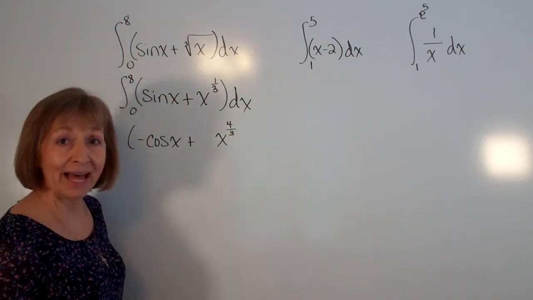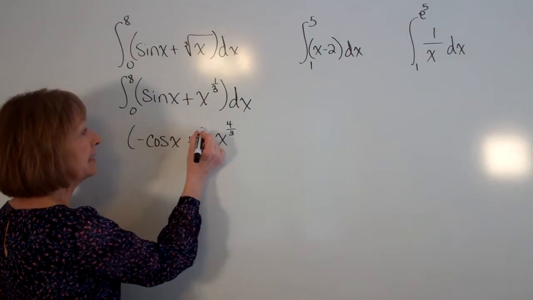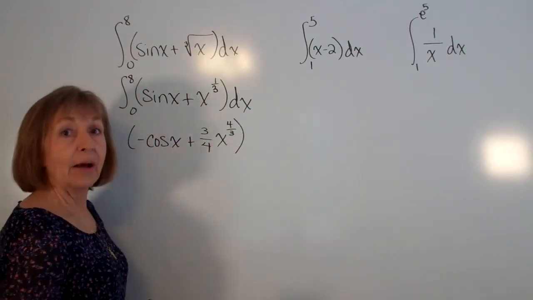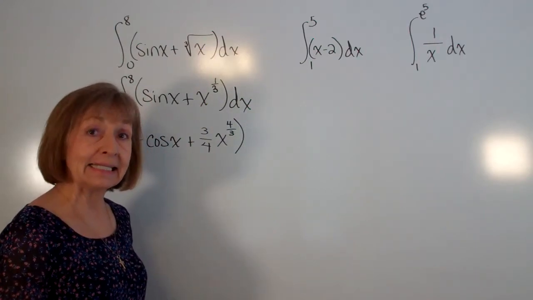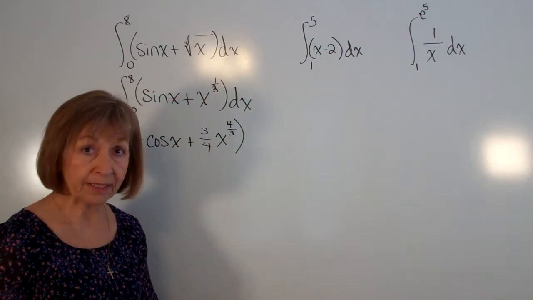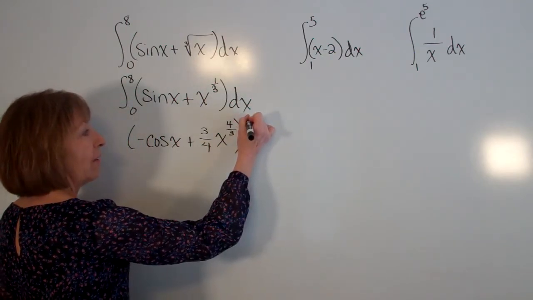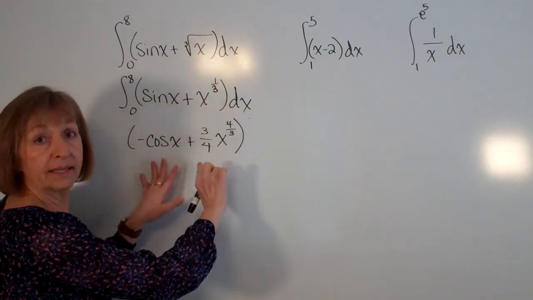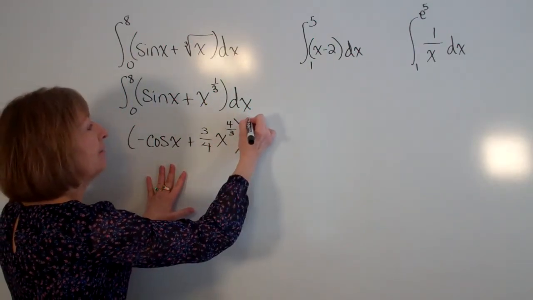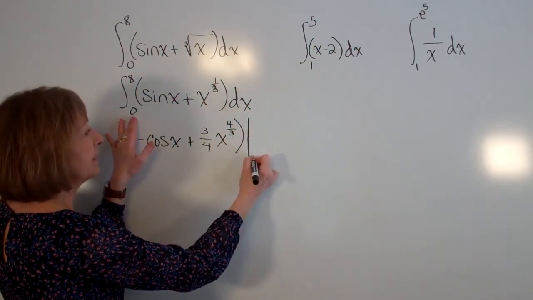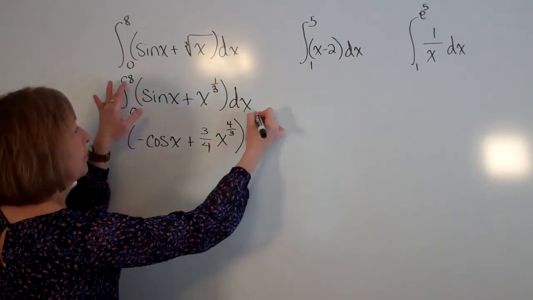And then I divide by 4/3, which is the same as multiplying by 3/4. Now, because this is a definite integral, not an indefinite integral, I don't put the plus c, but since I've already integrated, I'm not going to write the integral symbol and the dx anymore because I've done that integration. But I haven't plugged in yet, so I'm going to put that vertical line, reminding myself it's integrated from 0 to 8.